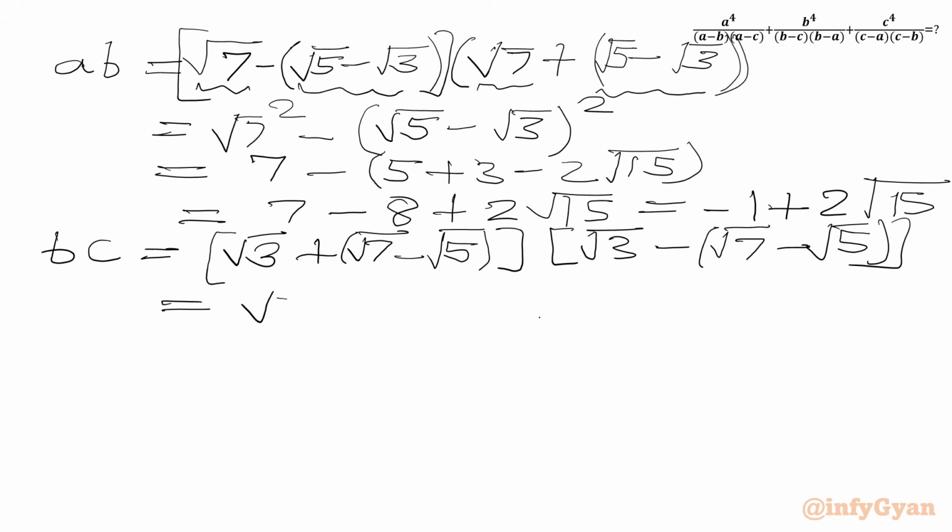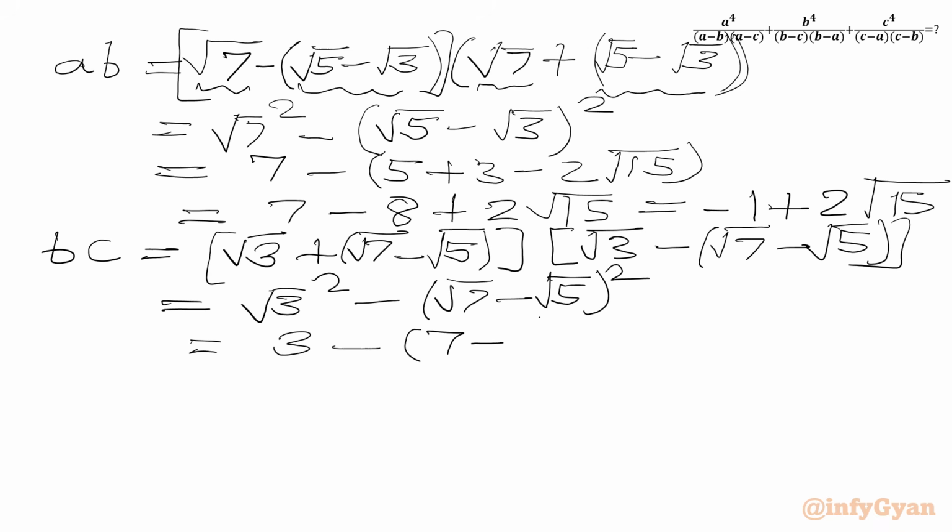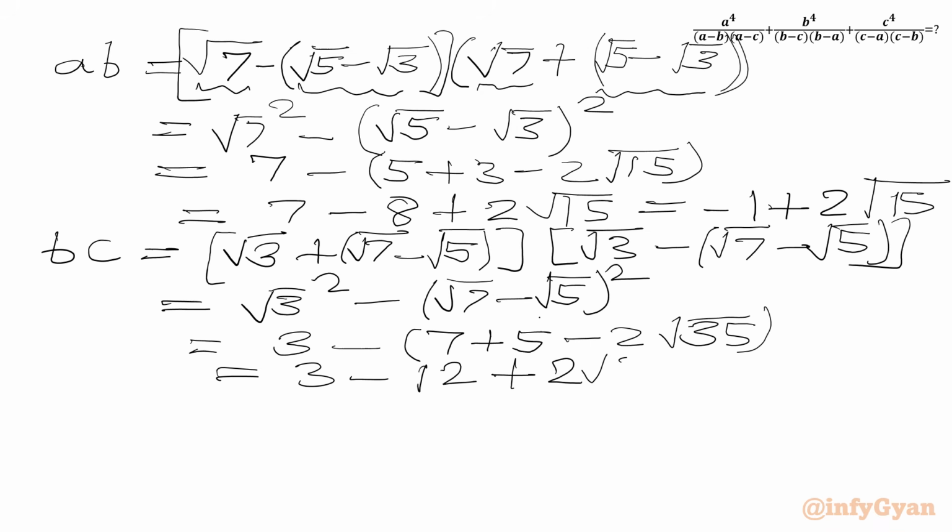So we'll be writing square root 3 whole square minus (square root 7 minus square root 5) whole square. Here we'll write 3 minus, in this bracket, 7 plus 5 minus 2 square root 35, which will be equal to 3 minus 12 plus 2 square root 35. Finally, we can write the BC value equal to minus 9 plus 2 square root 35.